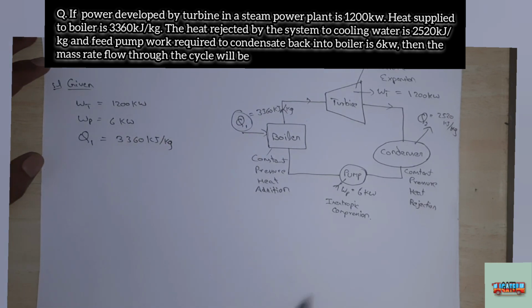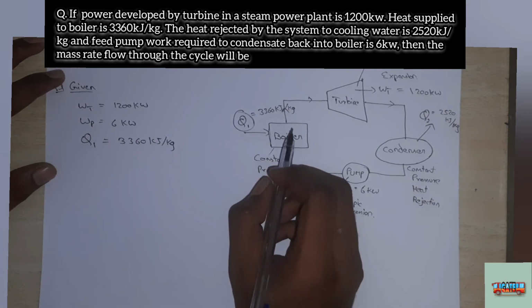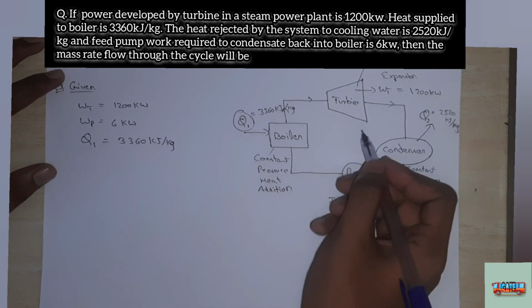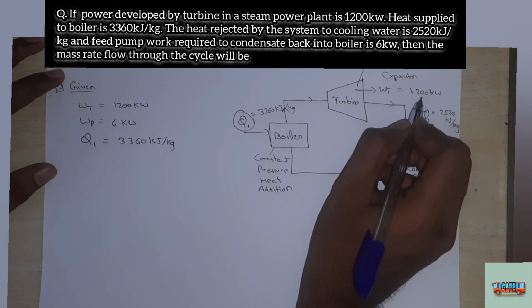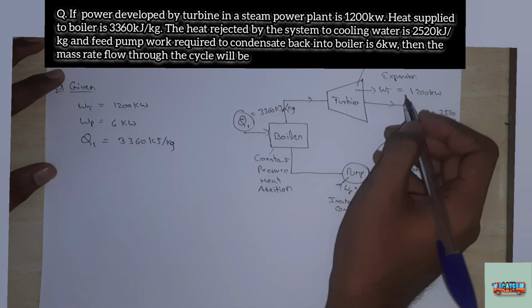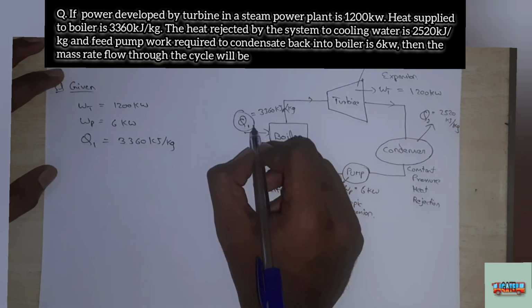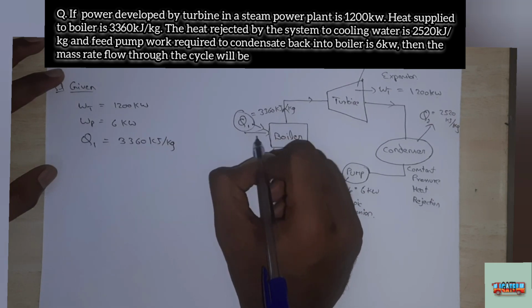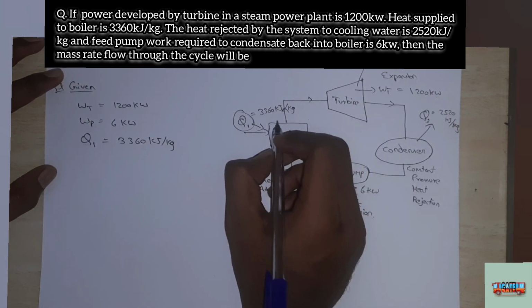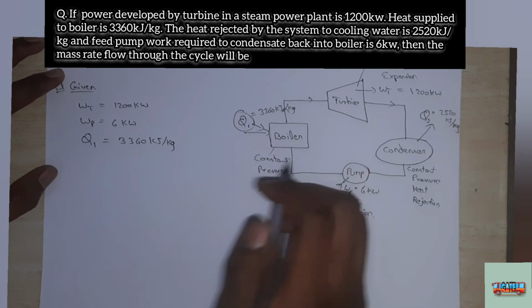So in the question it is given that the power developed by turbine, that is the work done by turbine, is 1200 kilowatt, and the heat supplied to boiler, the amount of heat added at constant pressure to boiler, is 3360 kilojoule per kg.